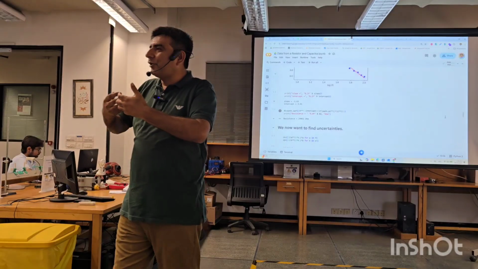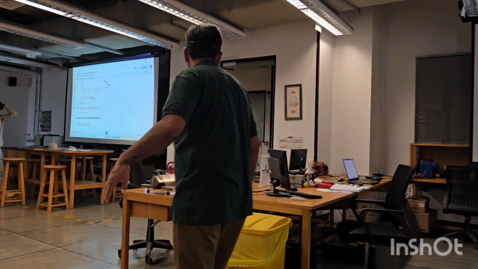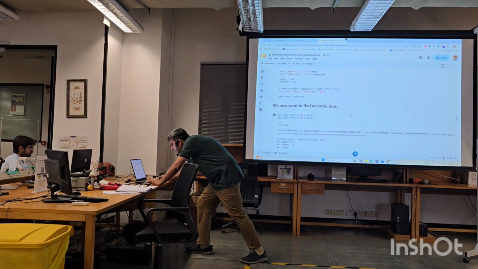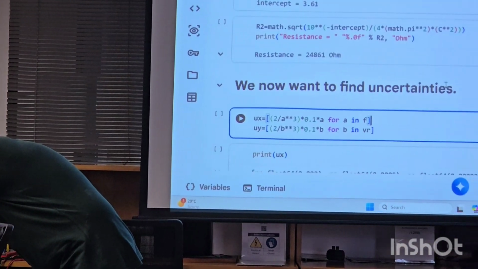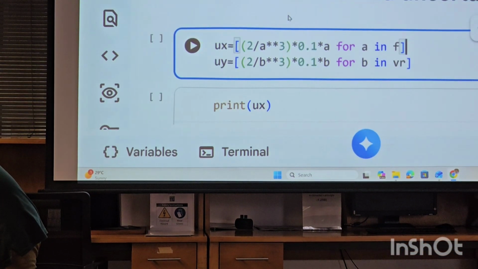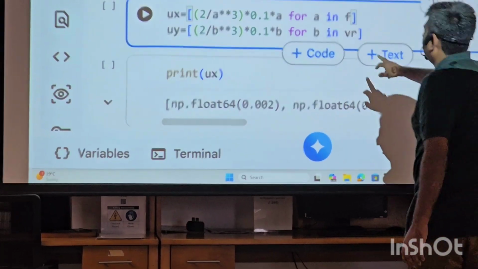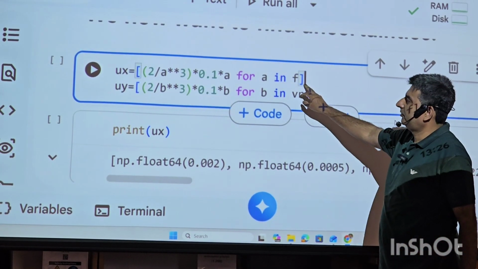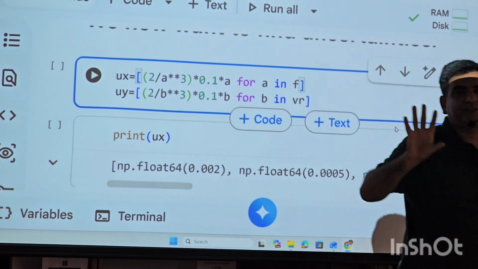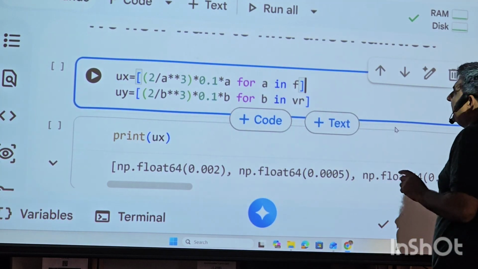So you get a table of uncertainties in x and a table of uncertainties in y, and I've done this for you. So look at this piece of code. You see here, Ux is my array of uncertainties in x. What are my uncertainties in x?